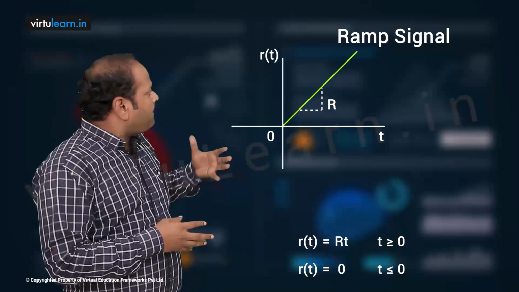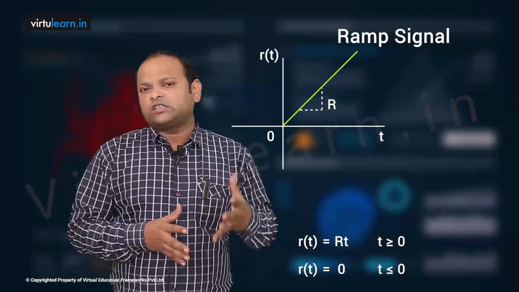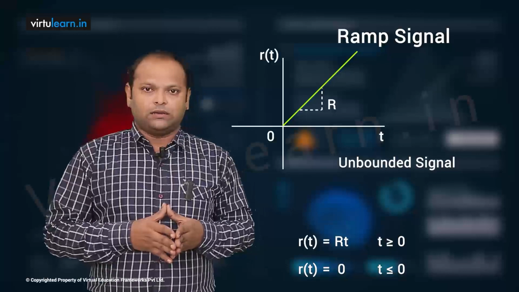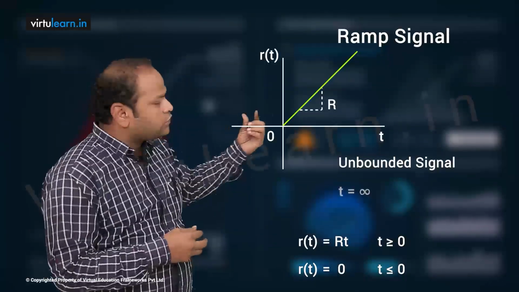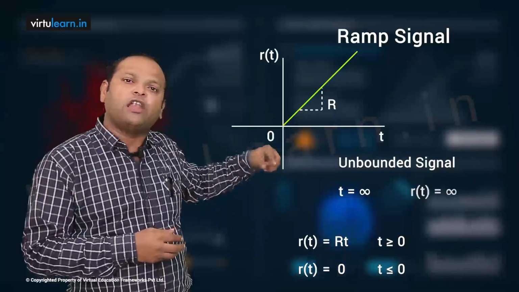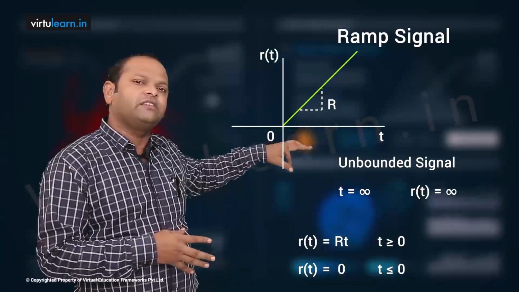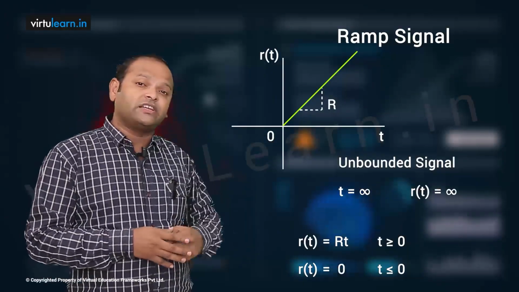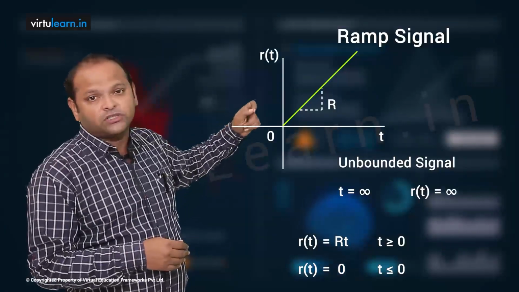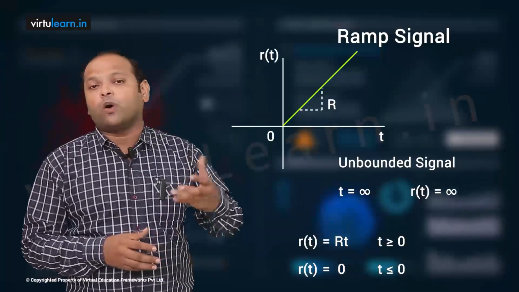So ramp is considered to be an unbounded signal, because as t tends to infinity, my R of t value also goes to infinity. Whenever the R of t value is infinity under steady state condition, if the input signal is infinity, it is called an unbounded signal.